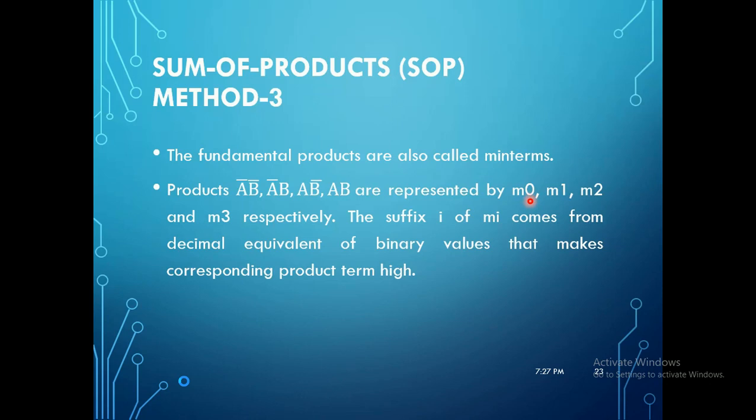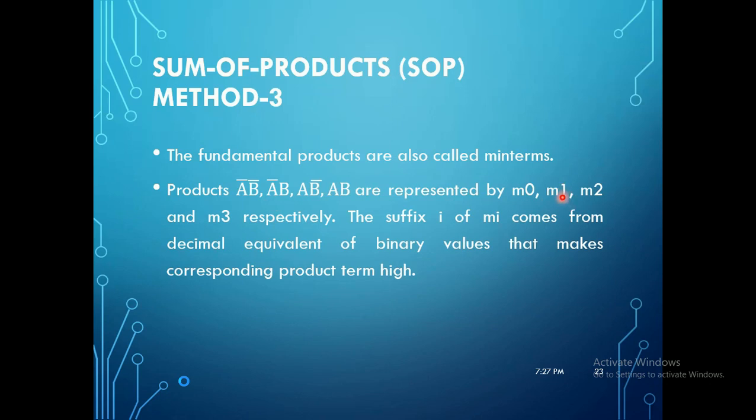So here you write 0, 0 as the input, and the binary equivalent is 0 itself. For A bar B, if you write in binary values, you write 0, 1, which gives you the binary value 1. That's why we write it as M1.